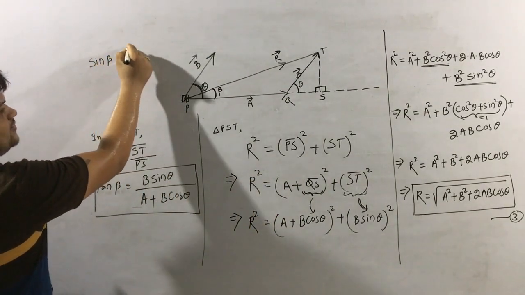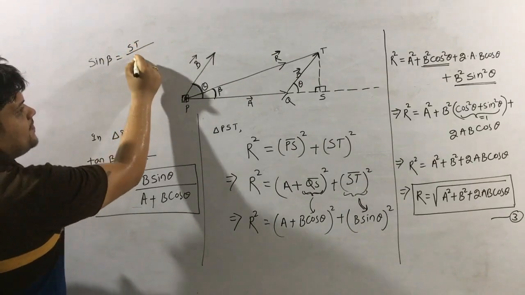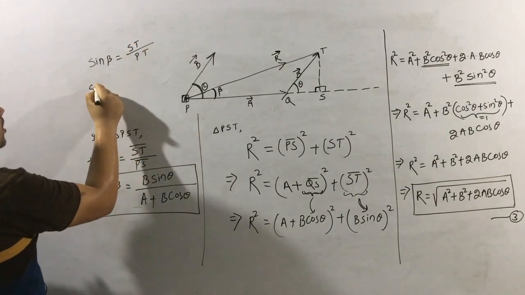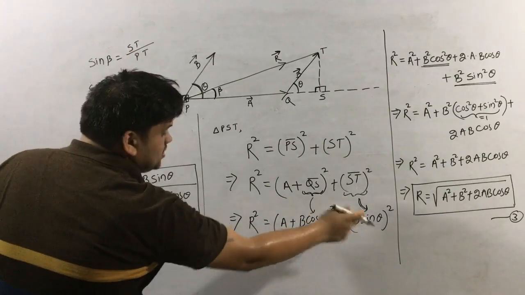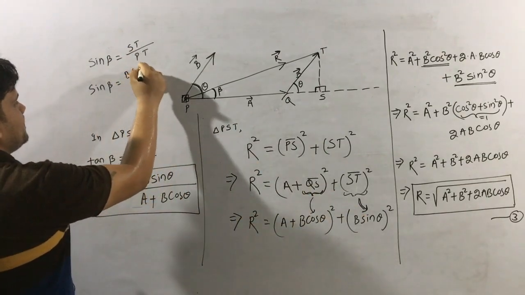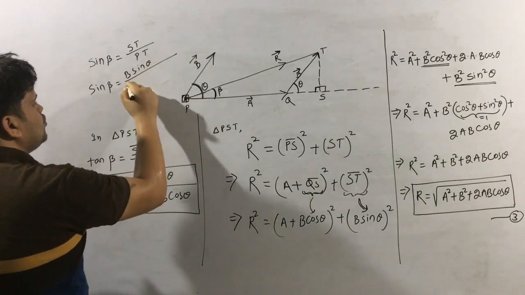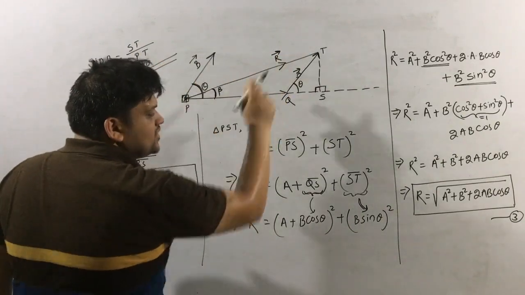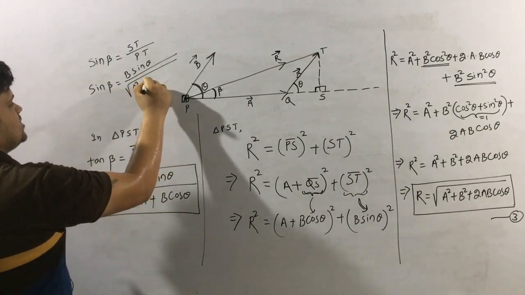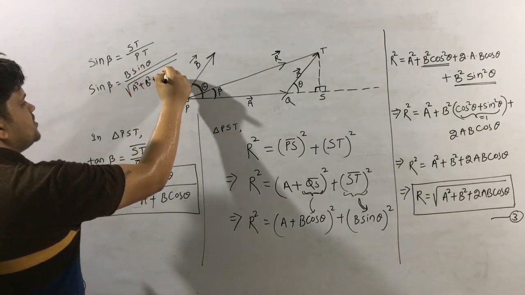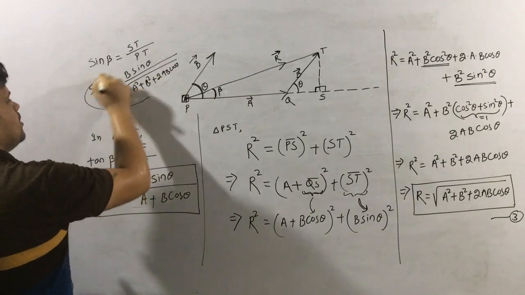Let me write it here. If I take sin beta, it will be ST by PT, so sin beta equals ST, which was B sin theta, divided by PT, which is R. So what is R? R is this much: root over A square plus B square plus 2AB cos theta.